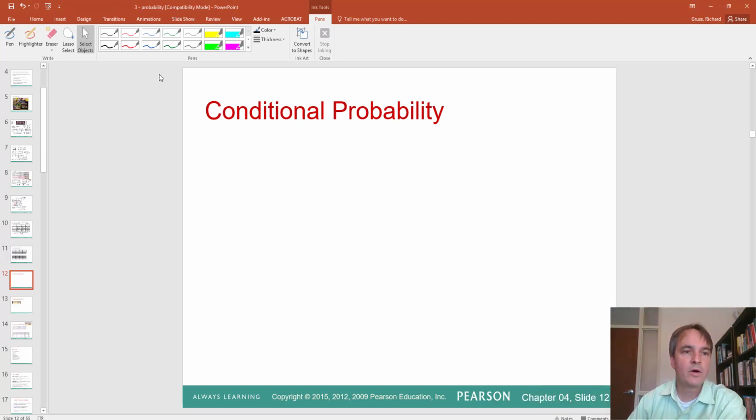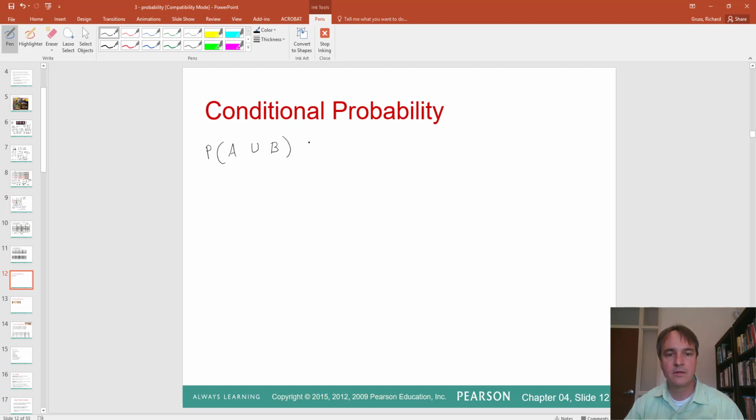Okay, one more concept I want to go over before we leave classical probability is this idea of conditional probability. So remember that in looking at joint probabilities so far, we've looked at two different ways of relating the two different events of interest. We talked about probability of A union B, which is the same as probability of A or B. So the probability of either of them happening, and we looked at the general rule for that.